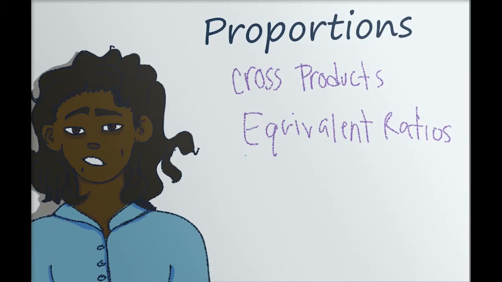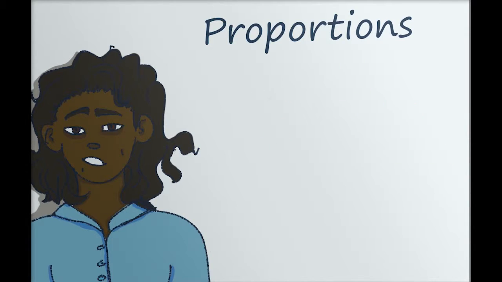There are many different ways for you to solve proportions, but two that I really think that you should know are cross products and equivalent ratios. So let's get started on cross products. So for cross products, what you'd want to do is multiply across the equal sign.